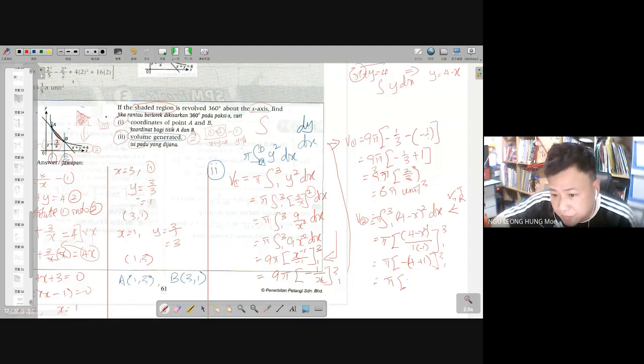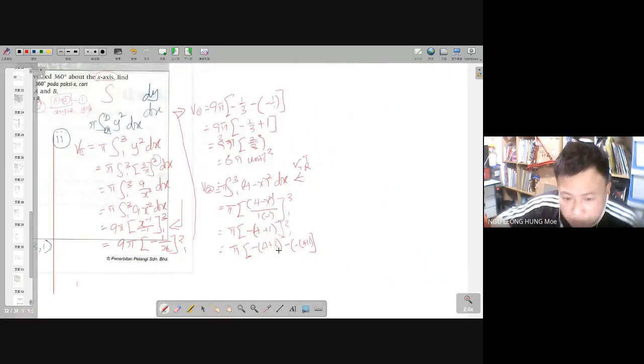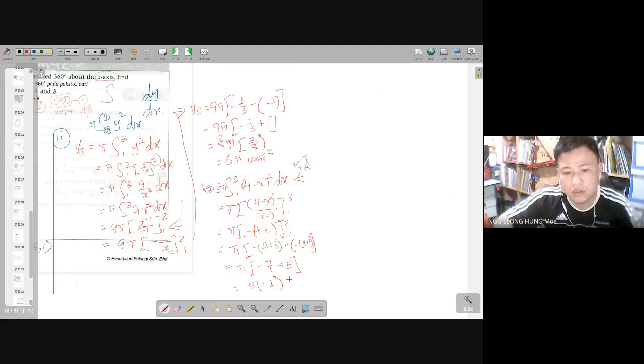Wait, negative 4 plus 3 minus negative 4 plus 1. Let me check. Negative 7 plus negative 7 plus 5, negative 2. Do I do any mistake?